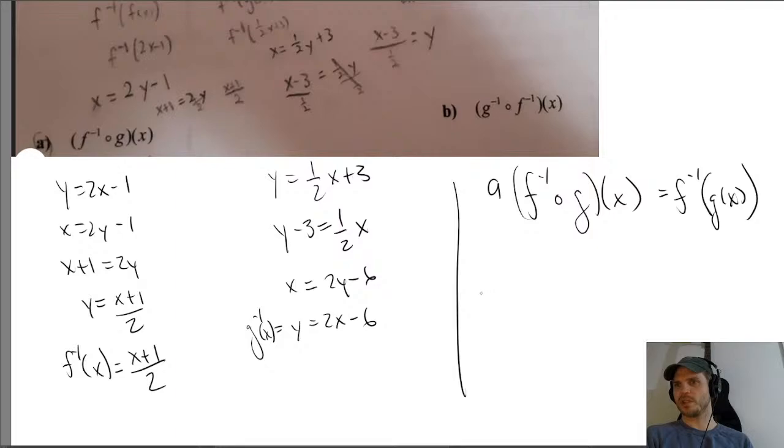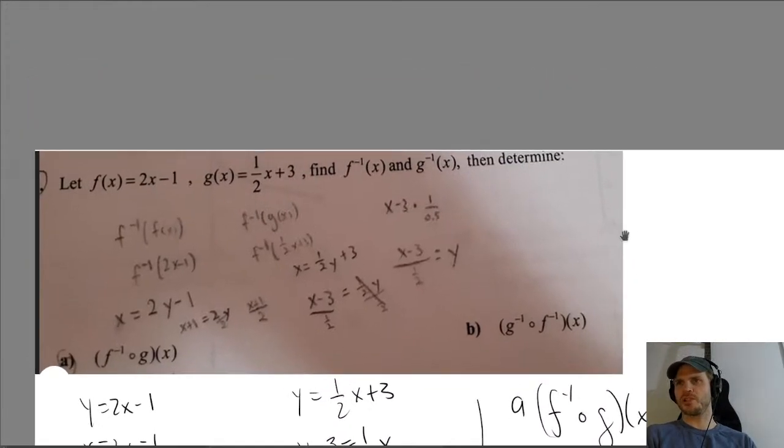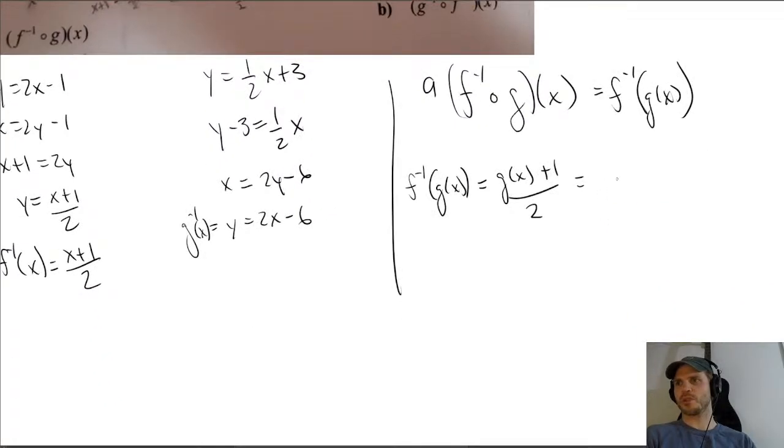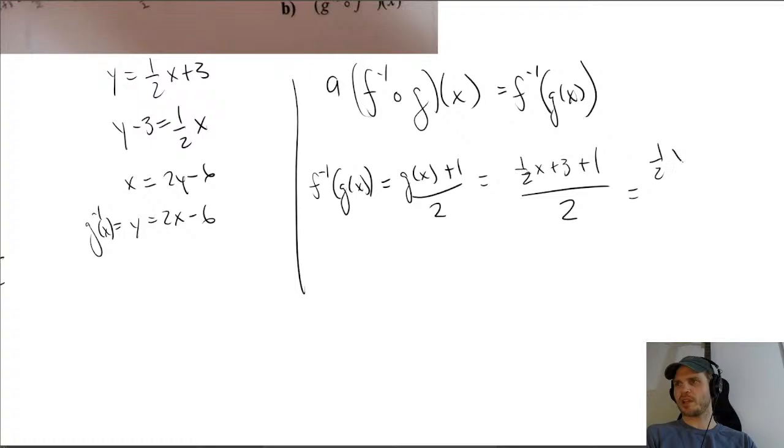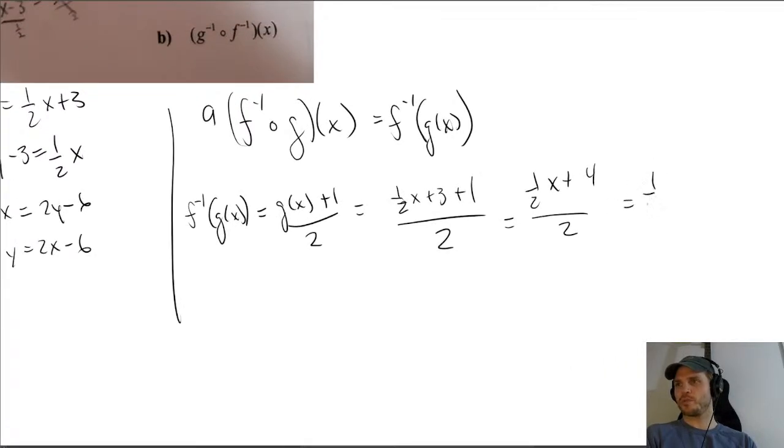So f inverse of g of x is g of x plus 1 over 2. And then we plug in g, which is 1/2 x plus 3. So this is 1/2 x plus 3 plus 1 over 2, which gives us 1/2 x plus 4 over 2, which is 1/4 x plus 2.